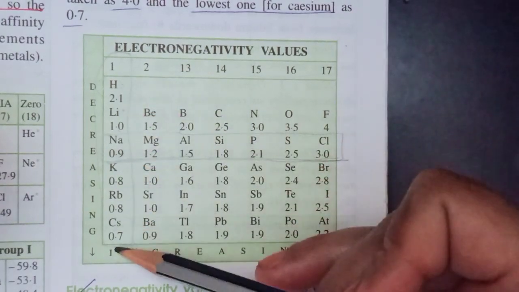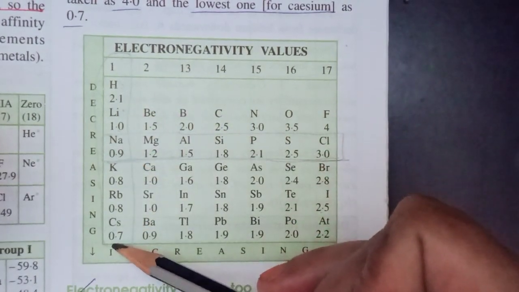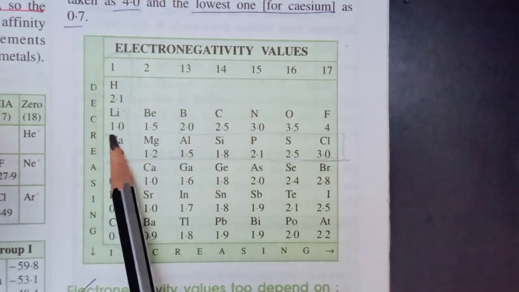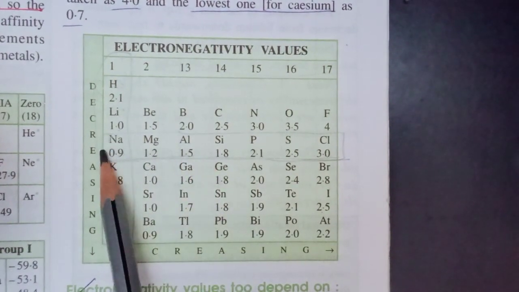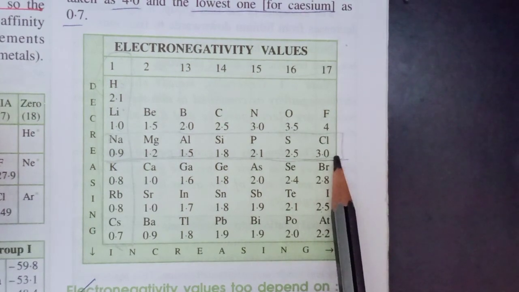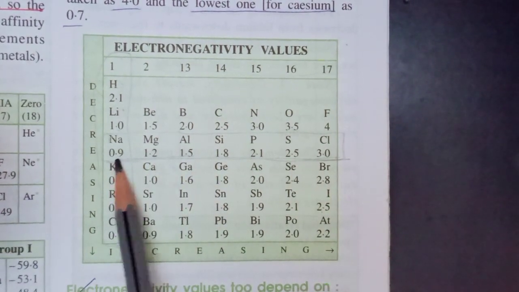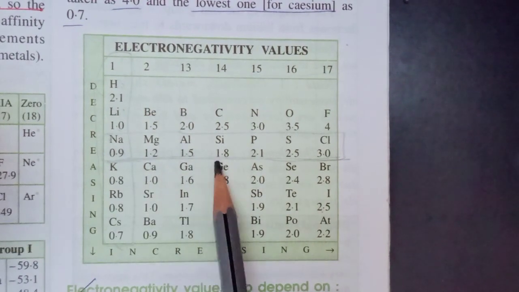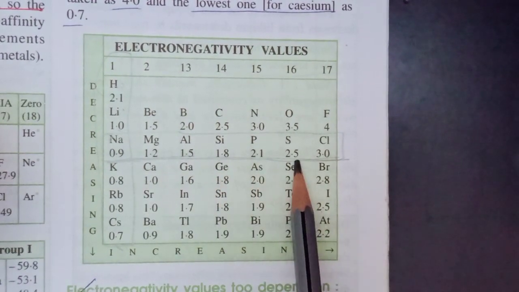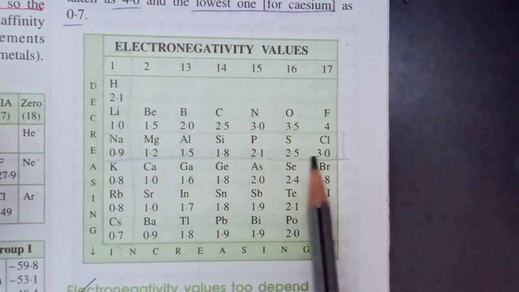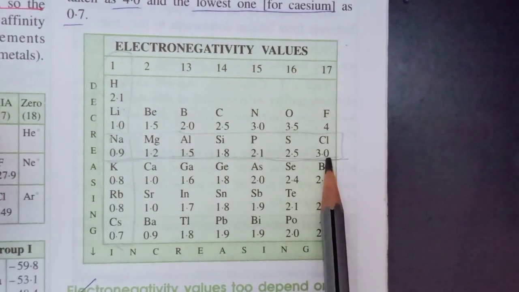Nuclear pull is very less here and nuclear pull is very strong here for lithium. Okay, now as we move from left to right in a period, you can see that it is increasing from 0.9, 1.2, 1.5, 1.8, 2.1, 2.5 and 3. So see that it is increasing as we move from left to right.